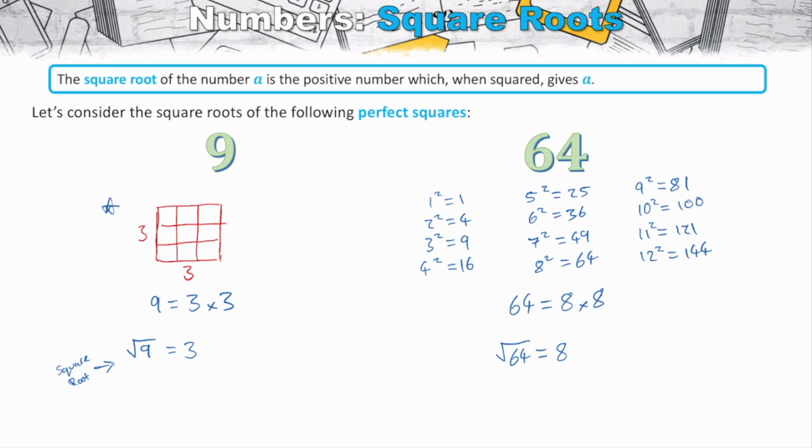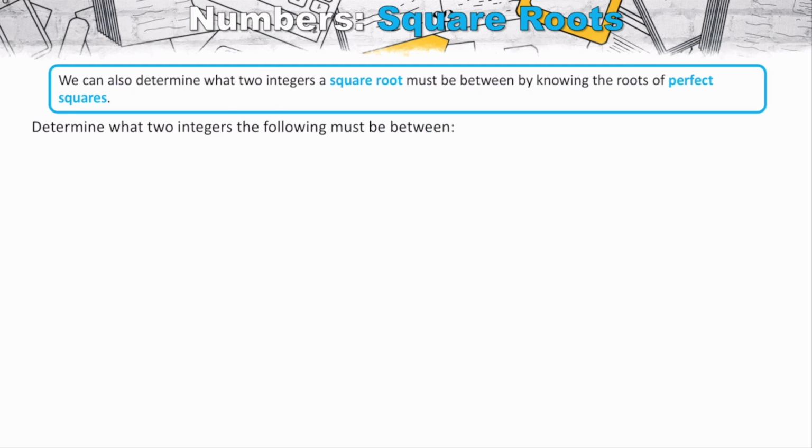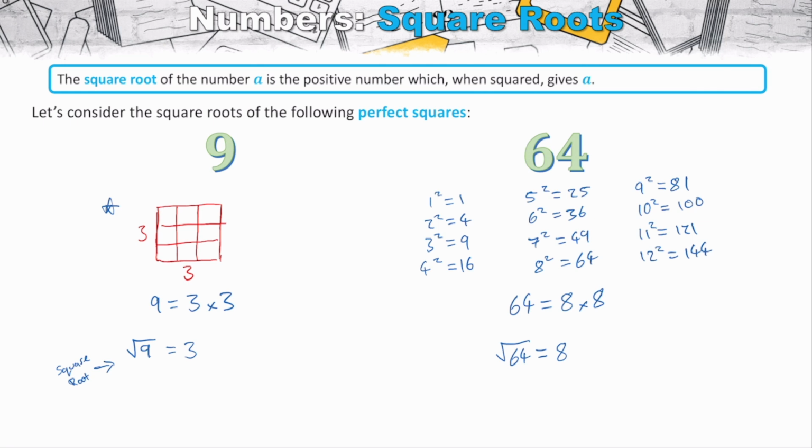Now, what happens though if we want to find the square root of a number that isn't a perfect square? Such as the square root of 30. If we looked at our previous list, we would notice that 5 squared is 25, 6 squared is 36. 30 is somewhere between those two numbers. So what this means is we don't have a whole number that exactly when we multiply it by itself equals 30.